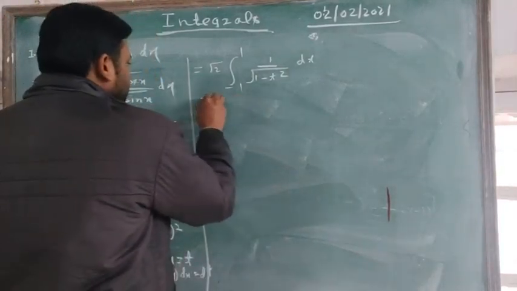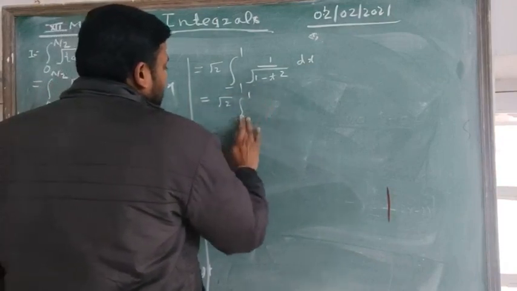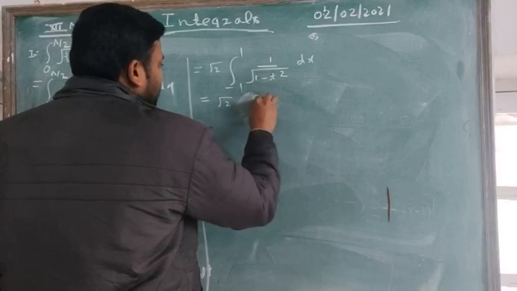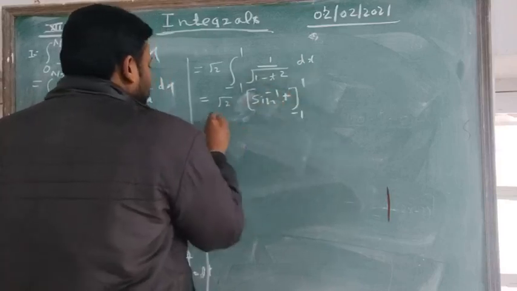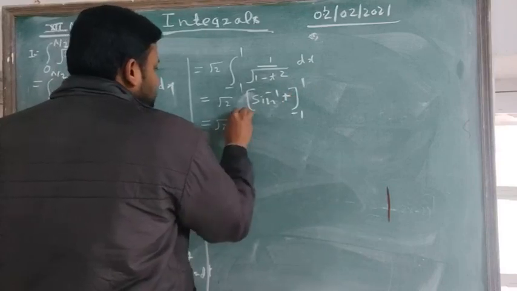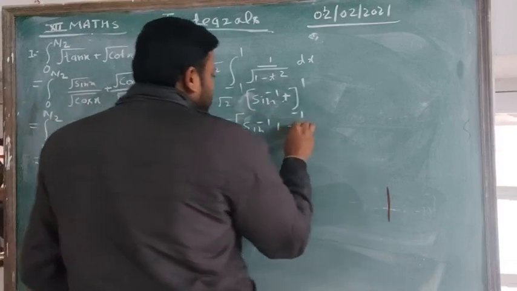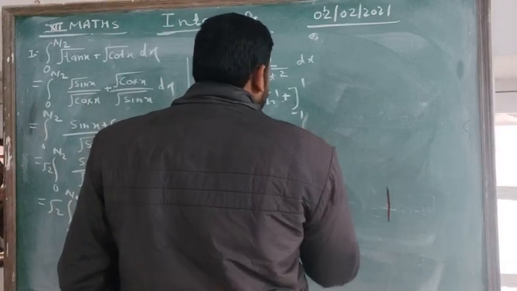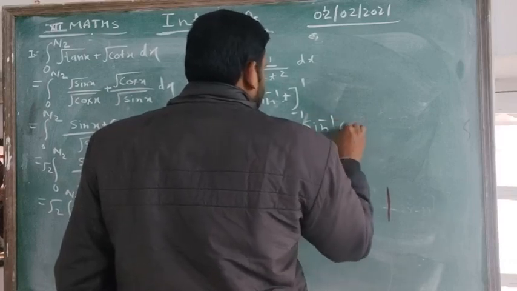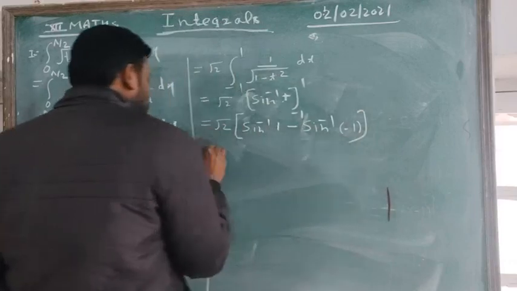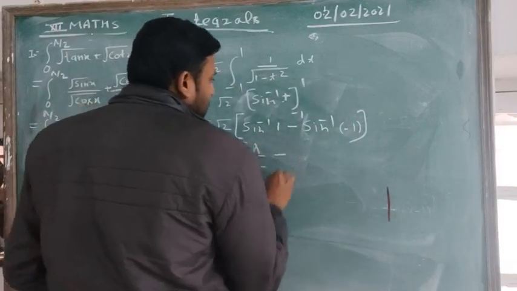Okay, students, so we can write root 2 and minus 1 to 1, the integration of sin inverse t, from minus 1 to 1. This is root 2 times sin inverse 1 minus sin inverse of minus 1.